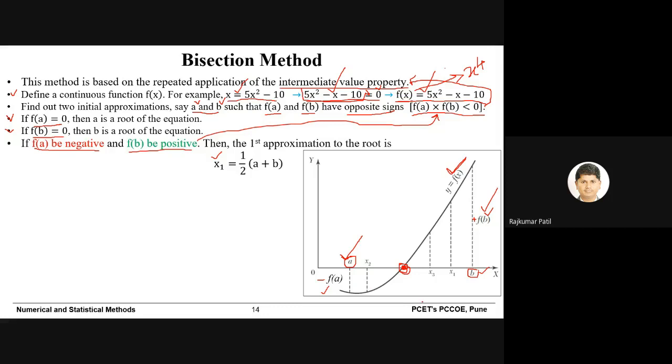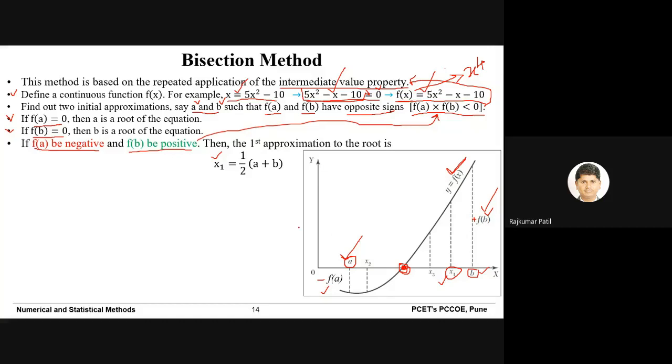In the figure, when you bisect A and B, x1 can be anywhere between A and B, but for understanding purposes, you may get the value of x1 here.